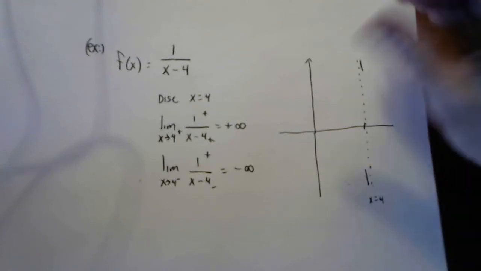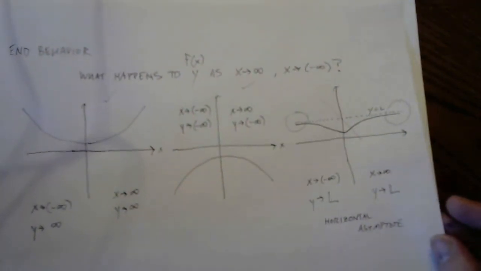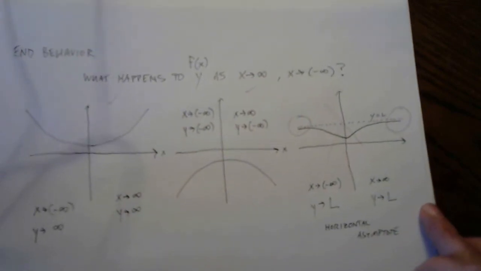Okay? So end behavior, what is that? And I talked about this in another group. So there are some notes already created. So I'm going to put this down like a slide almost.